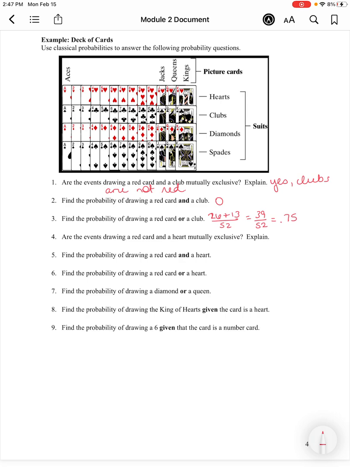Are the events drawing a red card and a heart mutually exclusive? That would be no, because hearts are red cards.